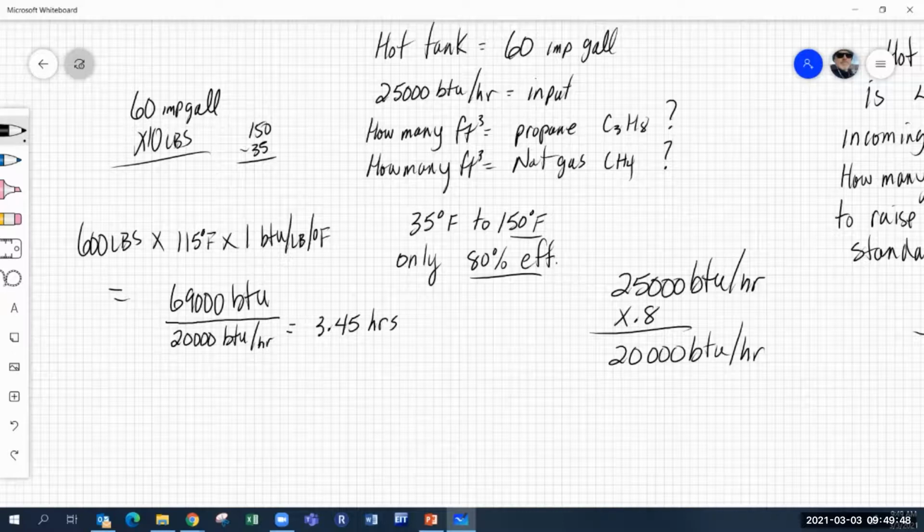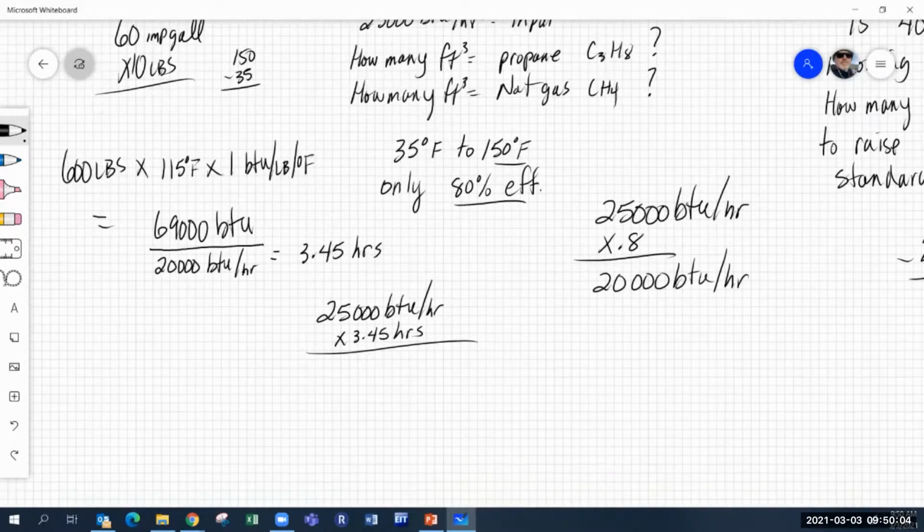So now, if I go 25,000 BTUs per hour, and I multiply that by 3.45 hours, it gives me the total number of BTUs consumed of 86,250 BTUs is consumed to heat that water.